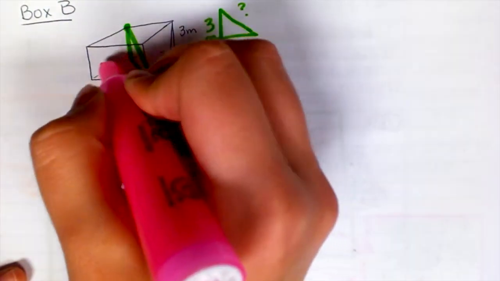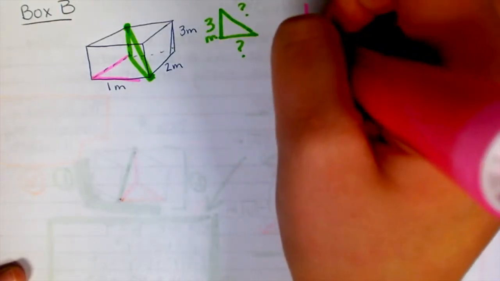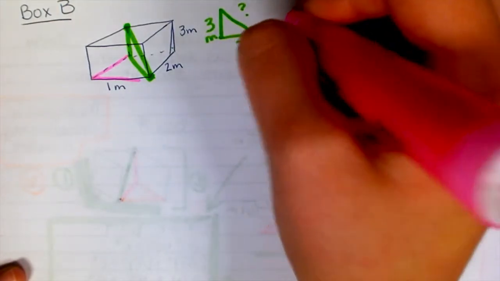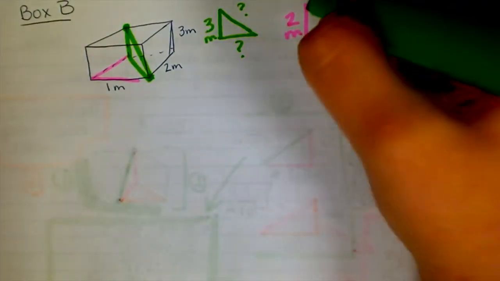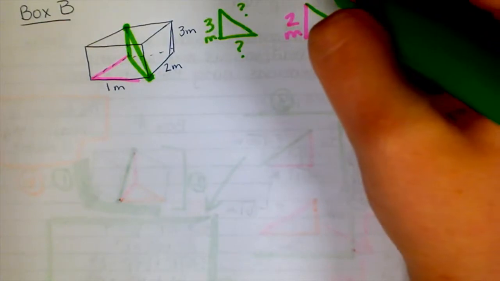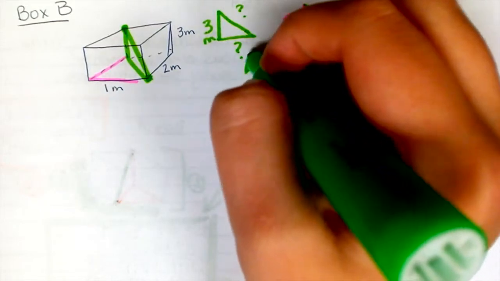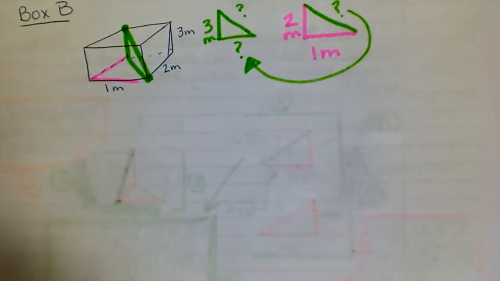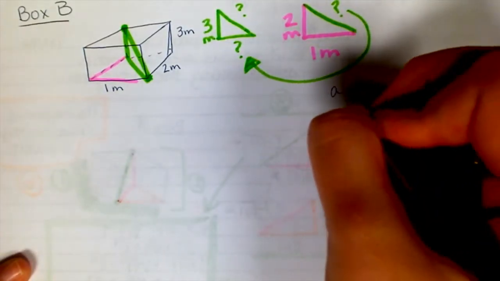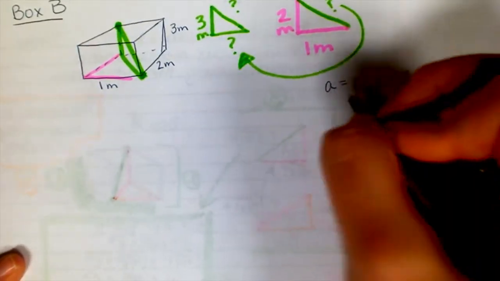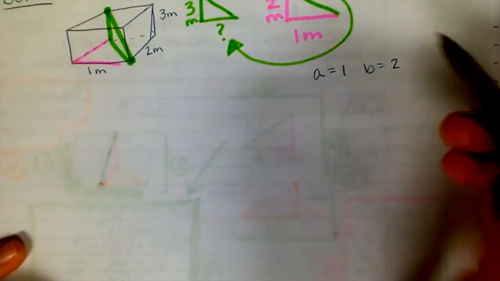And then we have to create another right triangle. So this one's going to go over here and be that one. I'm going to start with this one right here. A is 1, B is 2. Did you at least do that correctly? Start with 1 and 2.